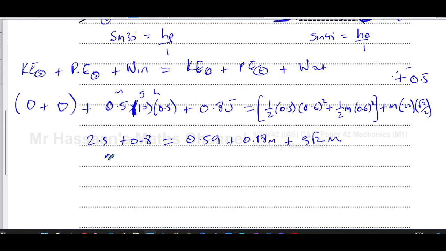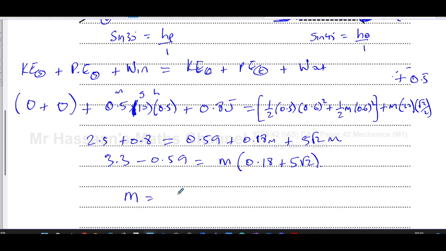So I have 3.3 minus 0.59 is equal to m times 0.18 plus 5 root 2. I've just subtracted this from both sides and taken m as a common factor of these two terms.